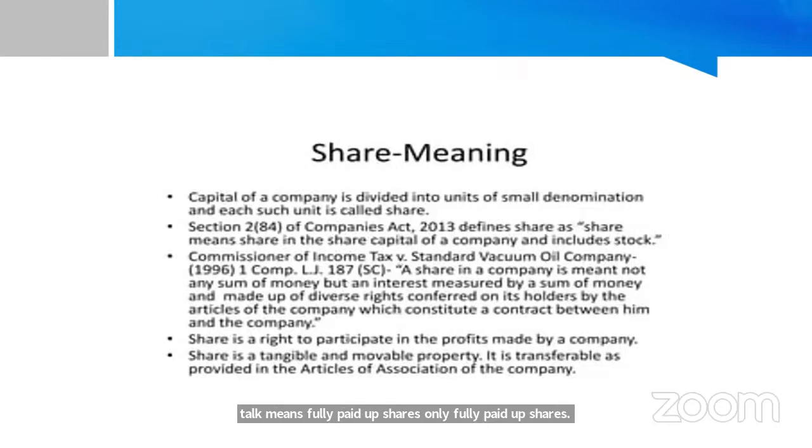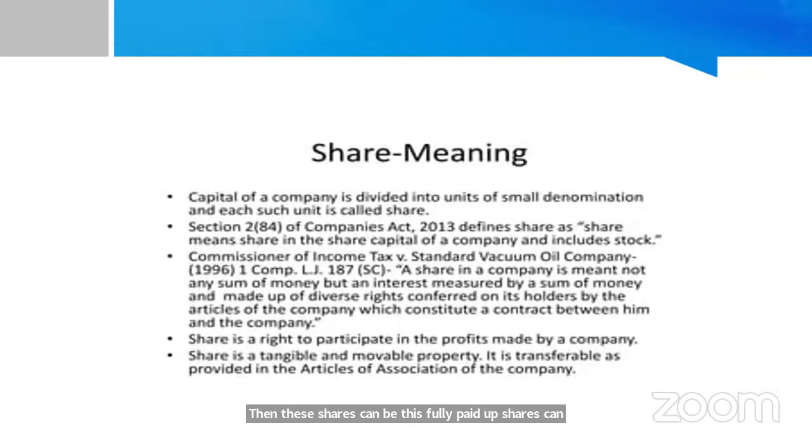Okay. So originally you issue the shares, and when the shares become fully paid up, if the company wants, and only if the company wants, and if it is prescribed in your articles of association, then these fully paid up shares can be converted into stock.